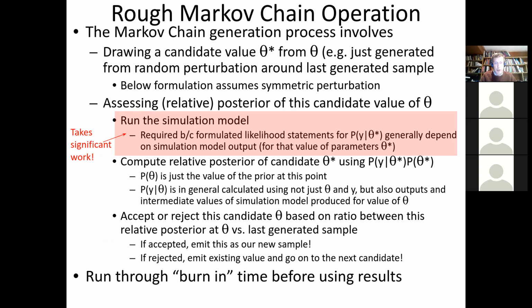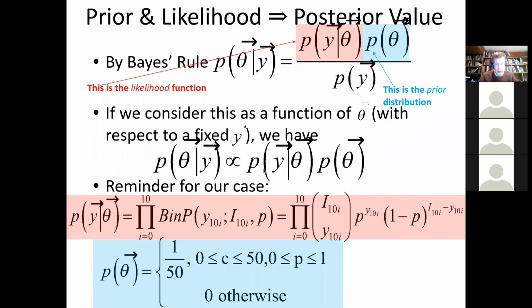So essentially what's going to happen is if we have a candidate, we will run the simulation model for that candidate, and we will compute the posterior. So we're going to compute the likelihood for that candidate. We plug in the value of P from theta star, the candidate, and we plug in C from theta star, and we get out this, and we evaluate it. We evaluate the value of the likelihood function for the candidate value theta star.